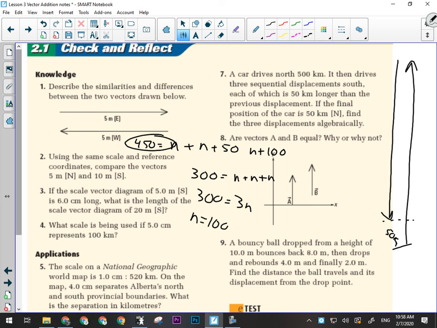Everything in this trip was all south, so I knew I didn't need to do anything with the vector because they all shared the same one. I'm just saying, when you're writing it down, how do you express it? You could say plus 500 minus 450. You could say that if you wanted to. Yeah, and like I say, I just kind of kept that in my head.